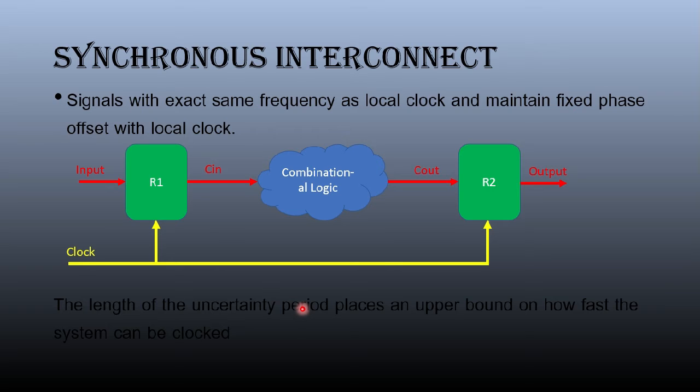If my setup time is 4 picoseconds and hold time is 1 picosecond, I have 5 picoseconds, and 1 by 5 picoseconds is around 0.2 terahertz. It cannot be larger than that, right? So I cannot have a lot of uncertainty period consisting of setup and hold timing.